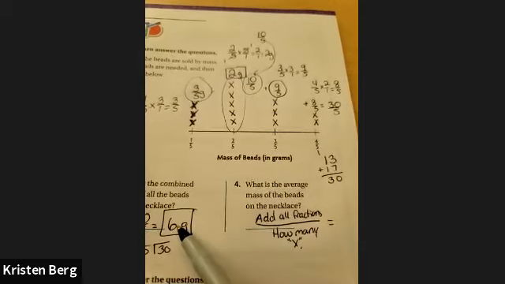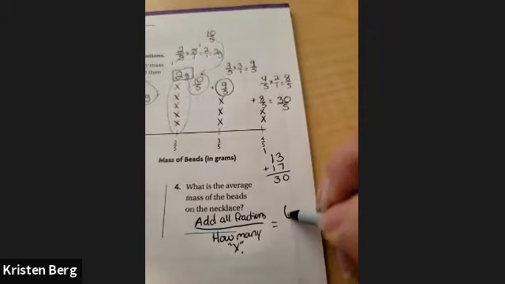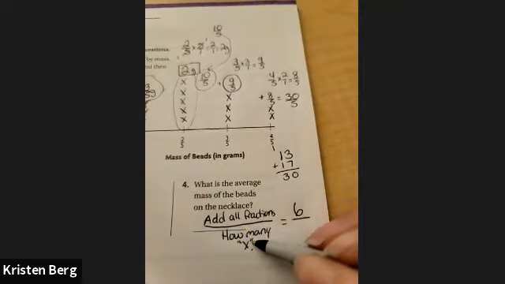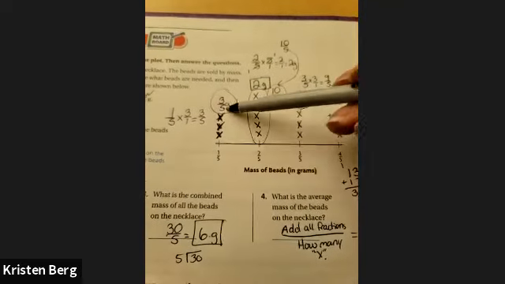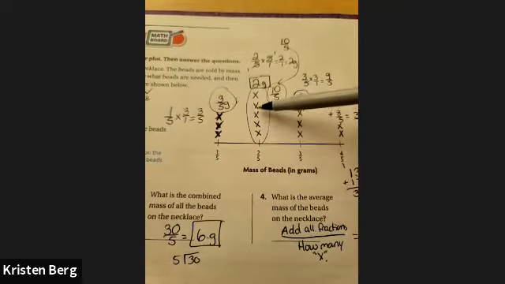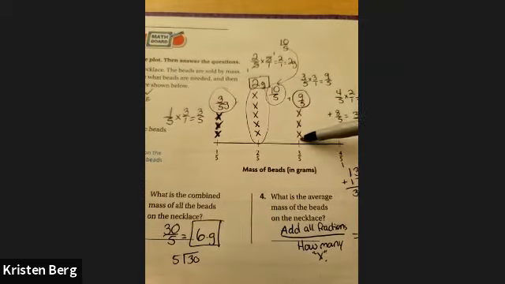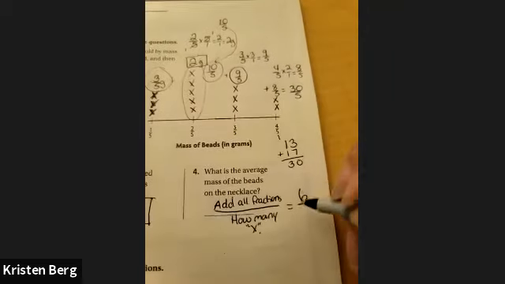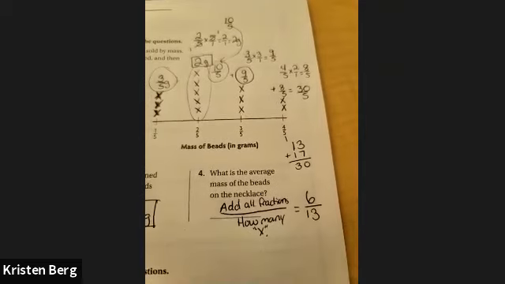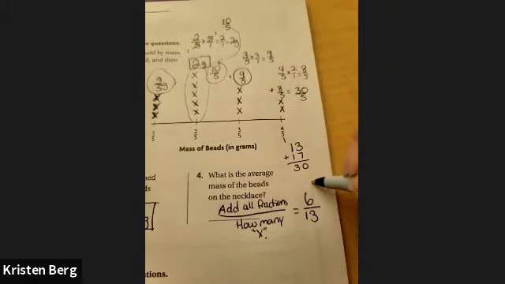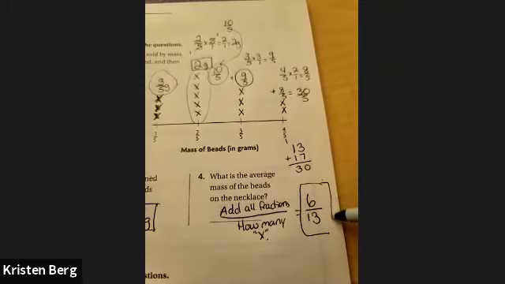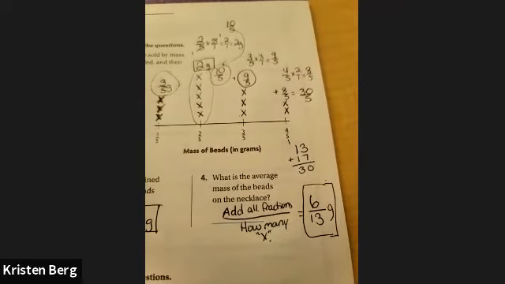All the fractions came to 6 grams. So we're going to put 6 over how many X's are in here. So 1, 2, 3, 4, 5, 6, 7, 8, 9, 10, 11, 12, 13. So therefore my answer would be 6/13 of a gram is the average.